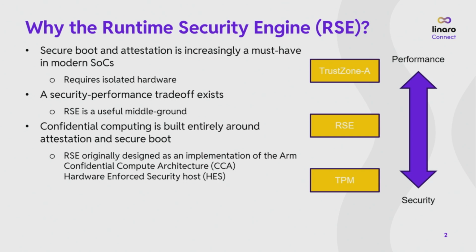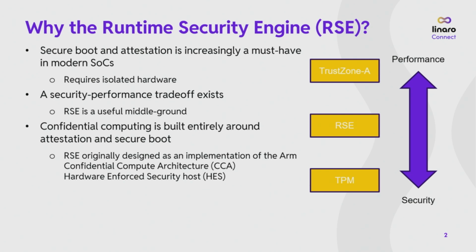We already heard various talks related to TPM. One of the primary drivers for RSE has been the ARM Confidential Compute Architecture. As part of the ARM CCA threat model, there's a requirement to have a dedicated HES, or hardware enforced security subsystem, that is away from the application subsystem, which provides some of the fundamental secure services like secure boot, attestation, etc. That is where one of these primary deployments comes from.